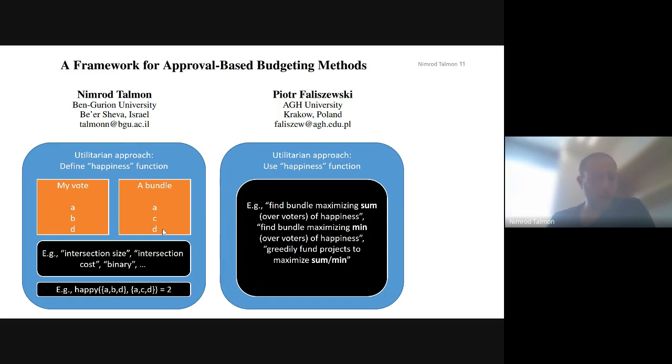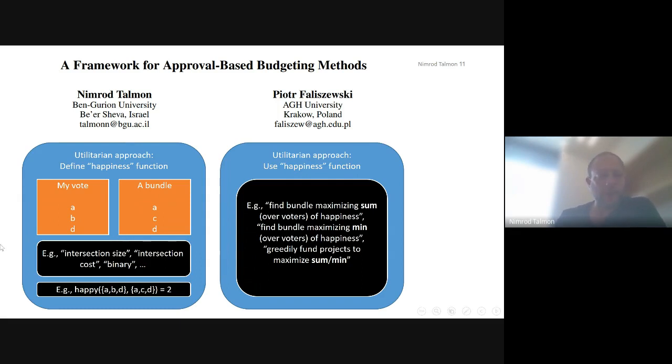So one way is, as I said before, to just count the number of projects that the voter wanted and were funded by the bundle. This is one possibility, which I call here intersection size. A different kind of definition would say that the utility of a voter is not the number of projects that were funded and approved by the voter, but the total cost of those projects.